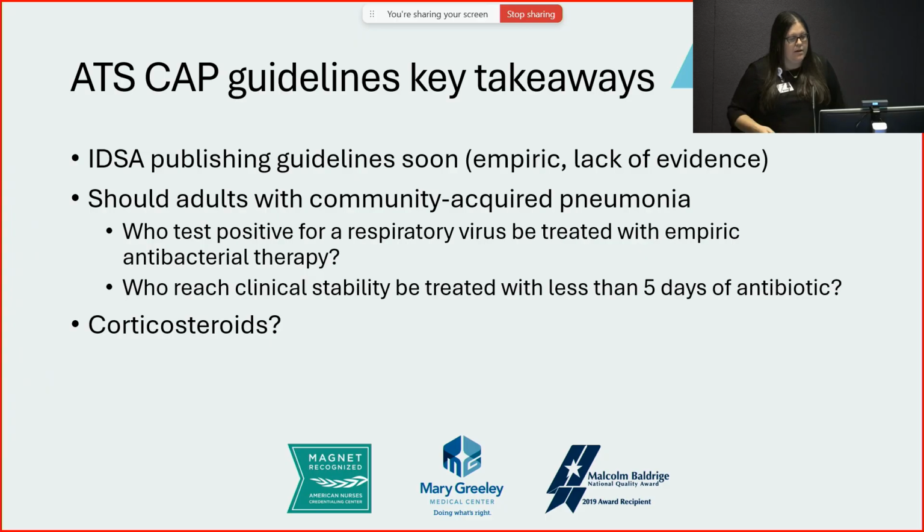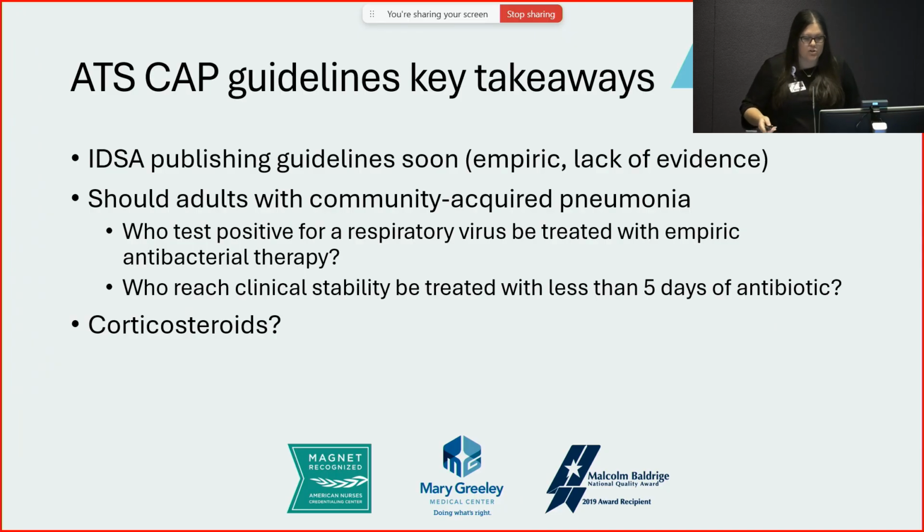So just to recap, the IDSA is publishing, I think it's a statement. I actually may need to back up on my guidelines soon. But they're going to publish something of their own soon. And then, should adults with community-acquired pneumonia who test positive for a respiratory virus be treated with empiric antibiotics? We kind of answered those with comorbidities should per these guidelines.